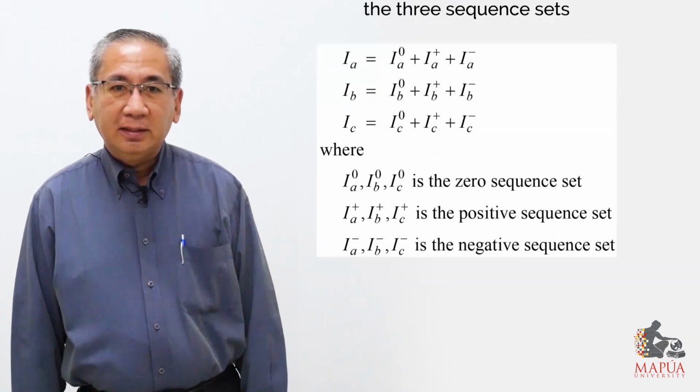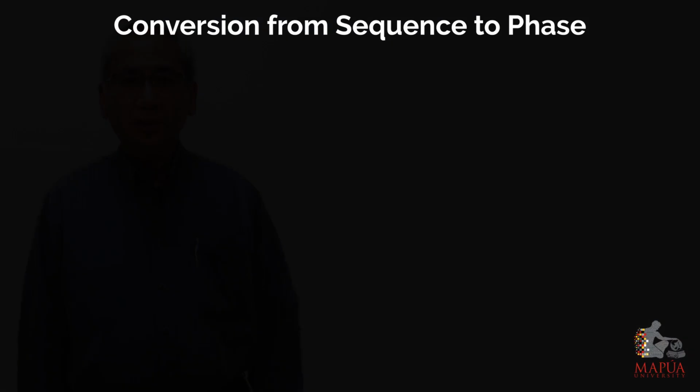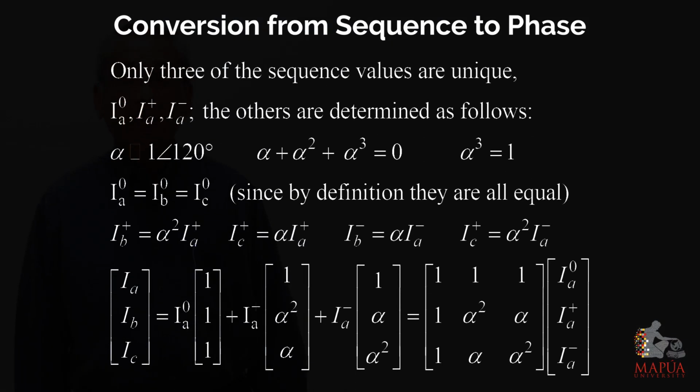Then, conversion from sequence to phase source. Only three of the sequence values are unique: IA0, IA plus, IA minus. The others are determined as follows, using the operator a, wherein a is equal to 1 angle 120 degrees. 1 plus a plus a squared is equal to 0, and a cubed is equal to 1.